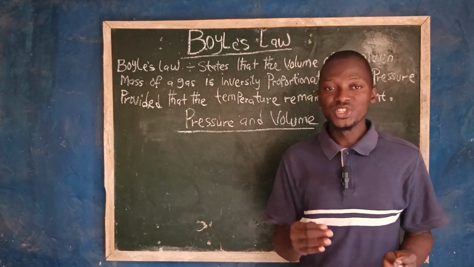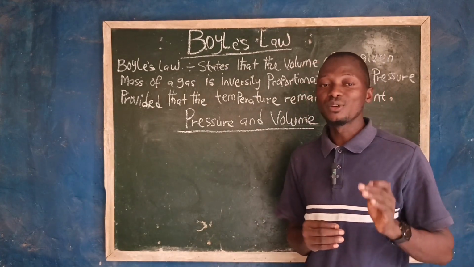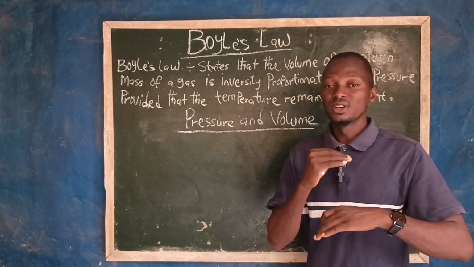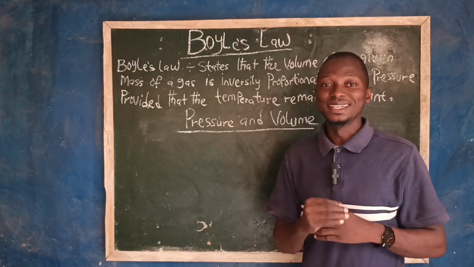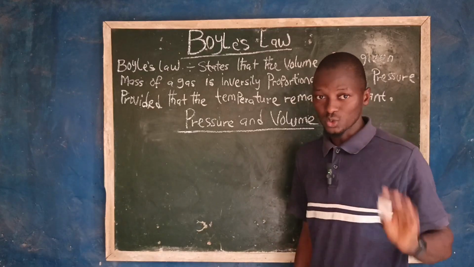When we say pressure, it's seen in Boyle's law. We can say that when the pressure of a gas is high, the volume decreases, which is going down. Assuming here is a container.